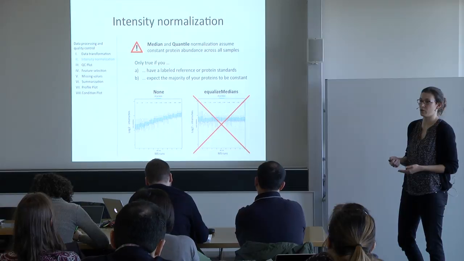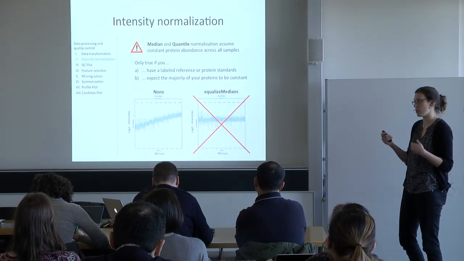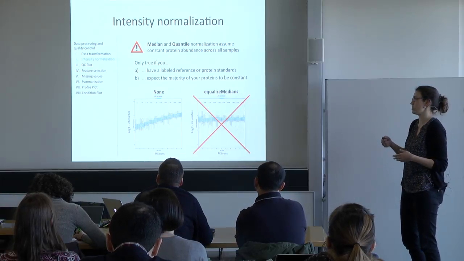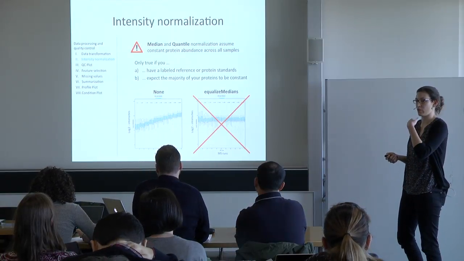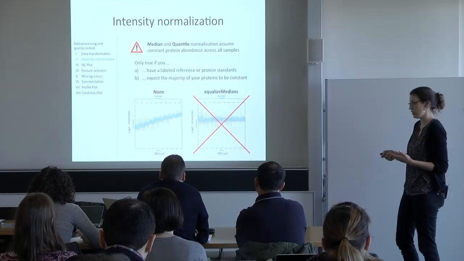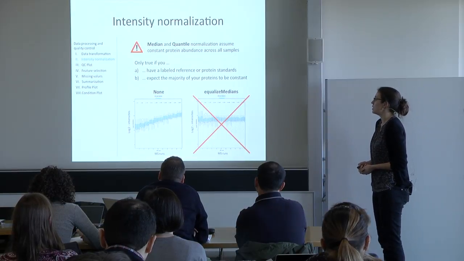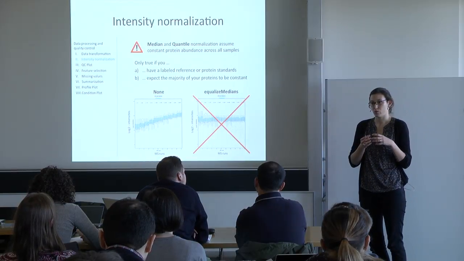And this would, for example, be the case when you have a lot of different proteins measured, as in a DIA setting, and you have a lot of proteins, a lot of peptides per protein, a lot of transitions, and then you can assume that the majority of those proteins are actually not changing.